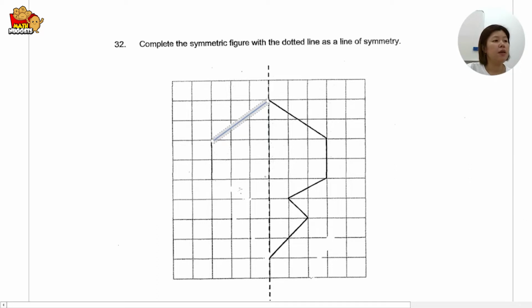Okay, and then we have to move down to 1, 2. And then we have to go in 2 boxes, 1, 2, and then you move downwards.